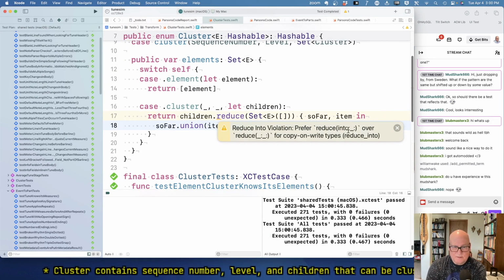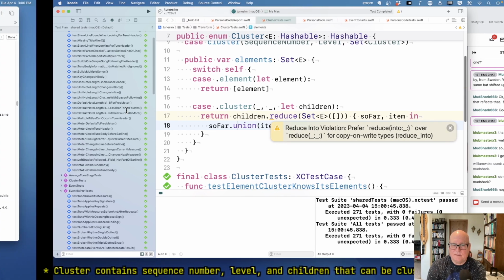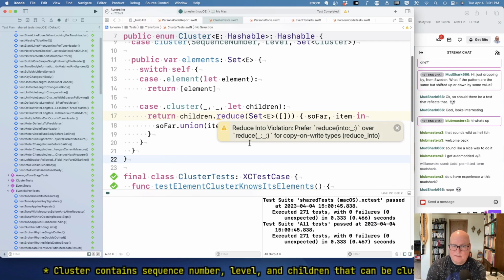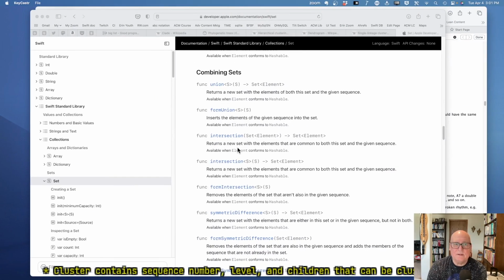Prefer reduce into over reduce that for copy on write types. Well, let's see what reduce into.